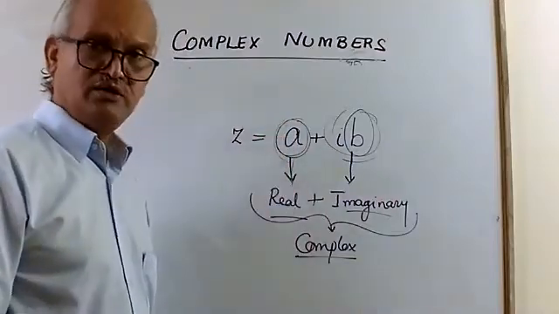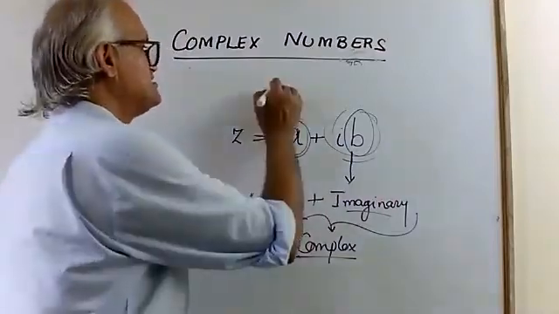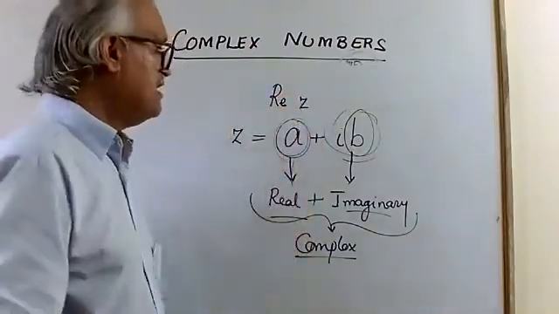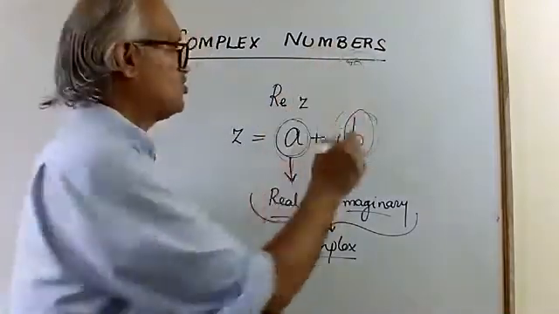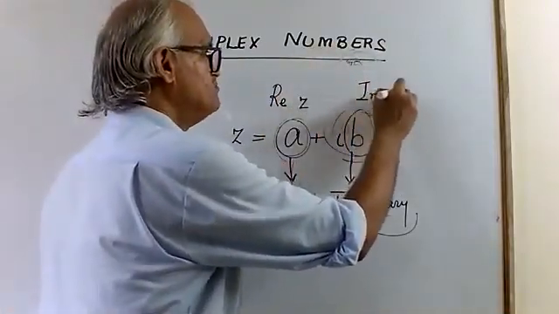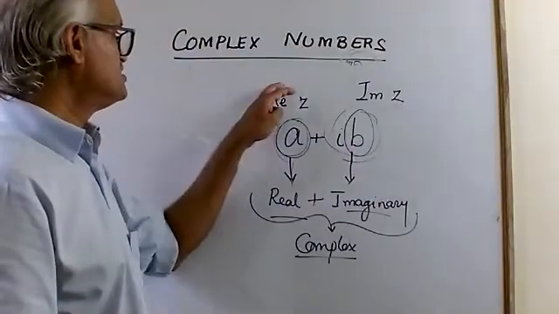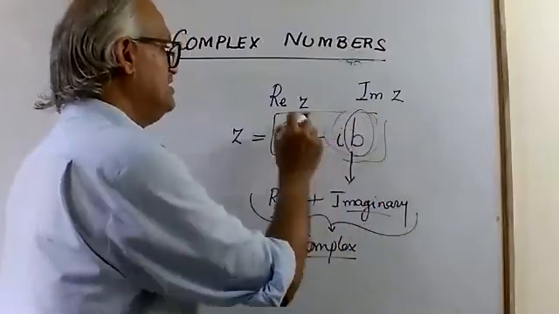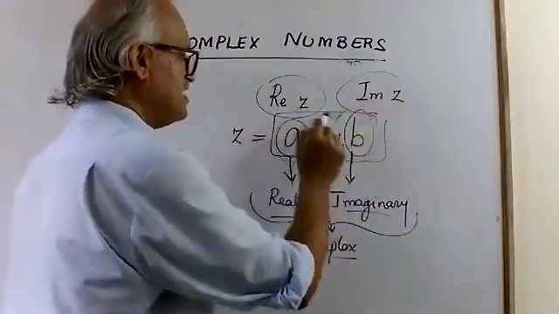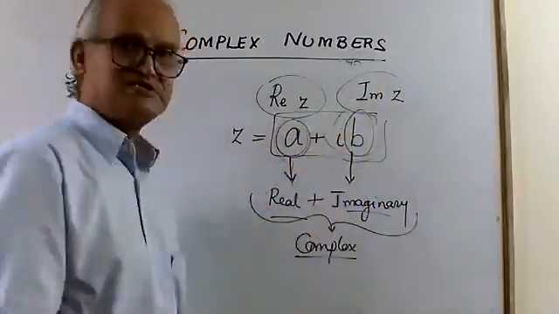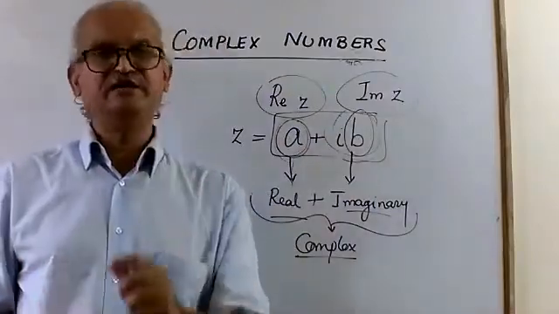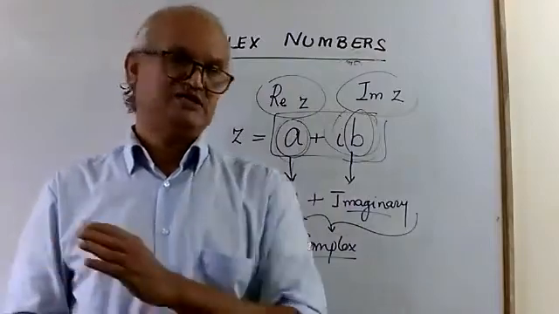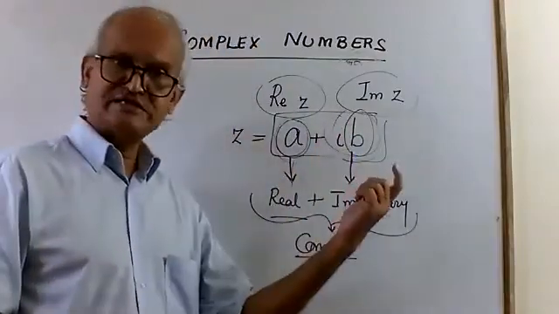In short, we often also call this the real part of z, Re z, and this the imaginary part of z, Im z. So real part of z plus imaginary part of z together represent a complex number z, represented in general terms as a plus ib. This way, we define a complex number.